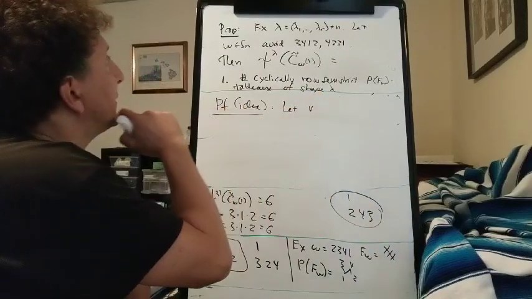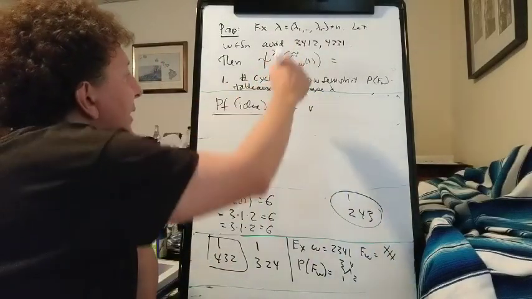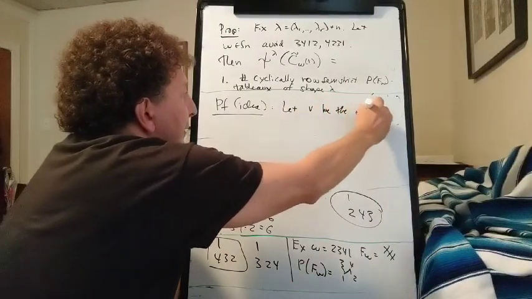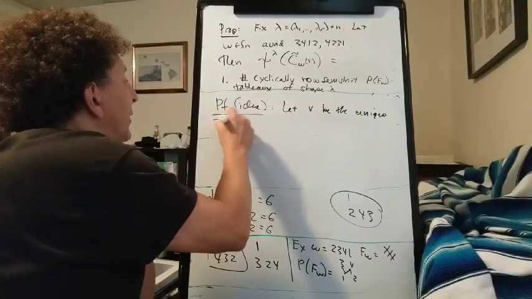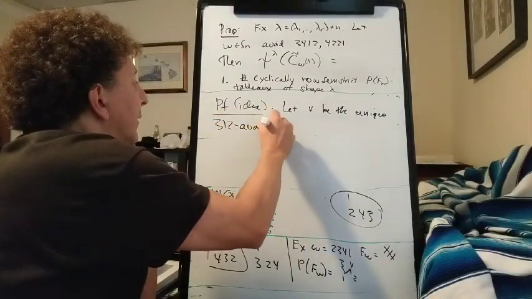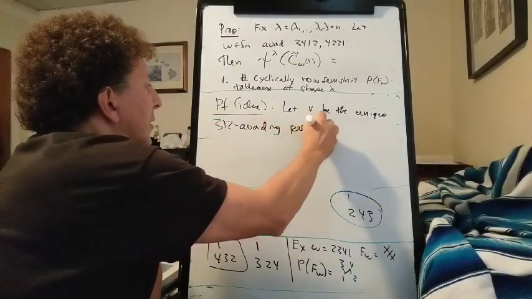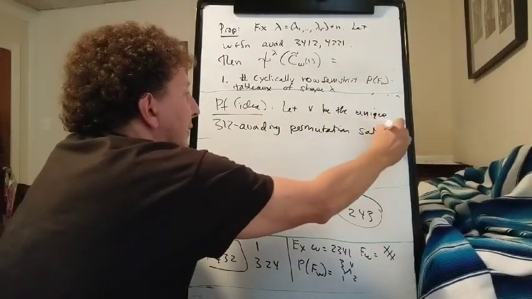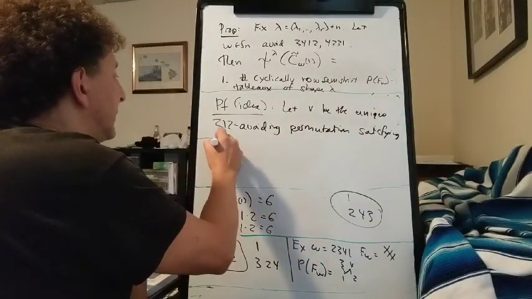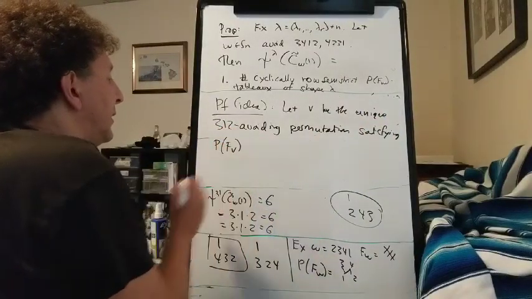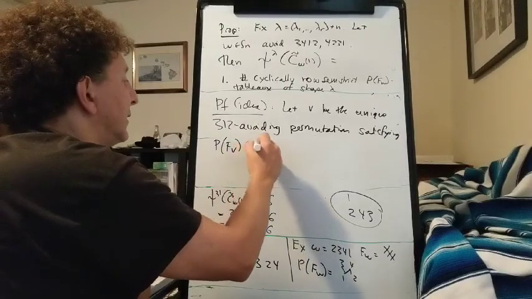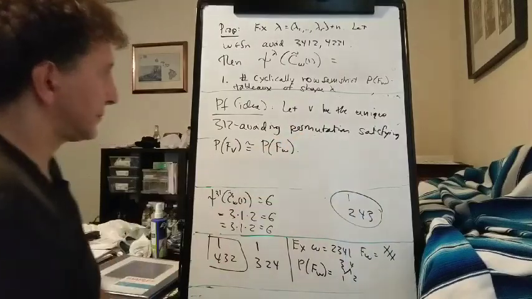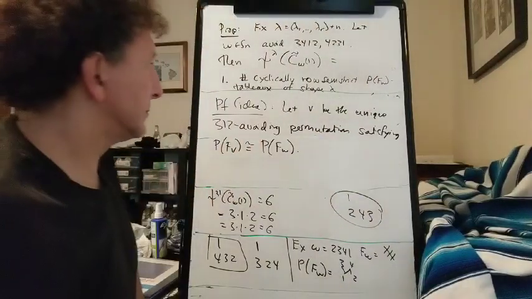So now we're starting with W, avoiding these patterns. Let V be the unique 3, 1, 2 avoiding permutation satisfying the poset of FV is isomorphic to the poset of FW.